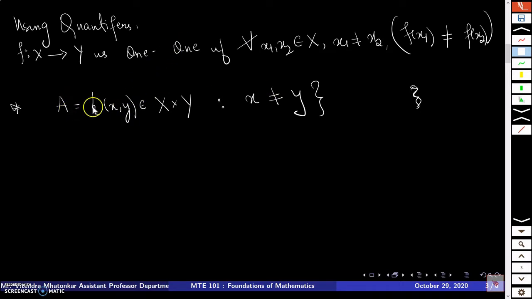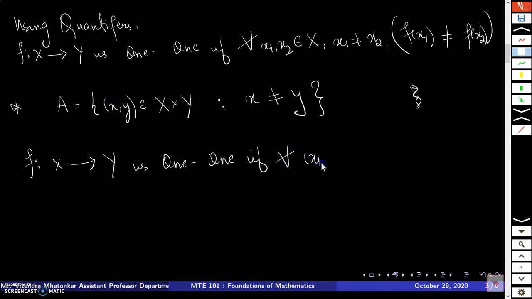Then if I call this set capital A, I can rewrite this definition of a 1-1 function as: a function f from x to y is 1-1 if for every pair of points, let's use some other notation, for every pair p comma q in A, f of p is not equal to f of q.